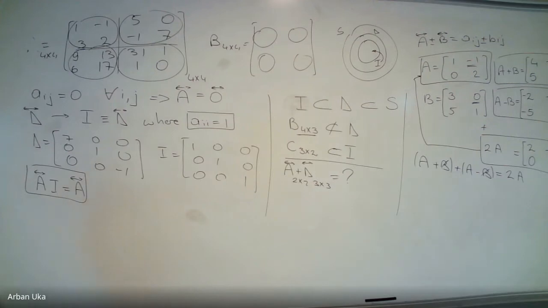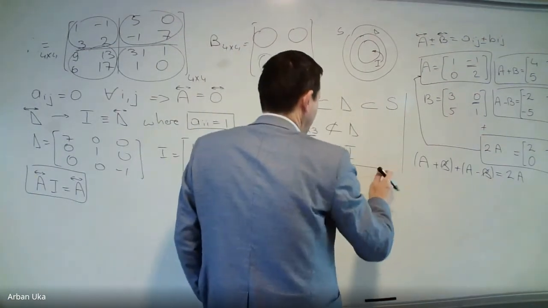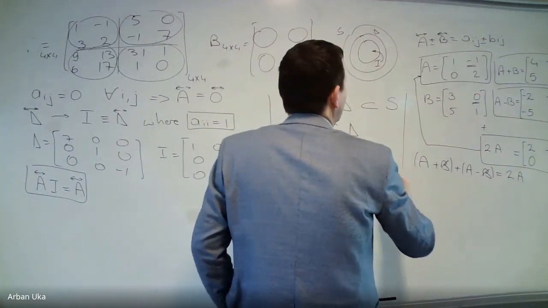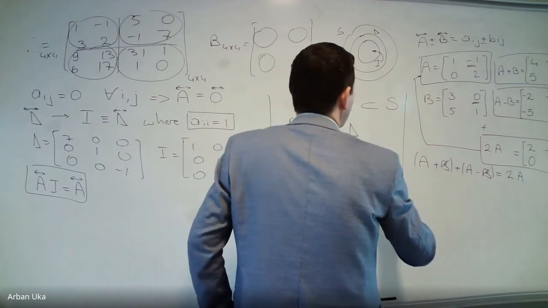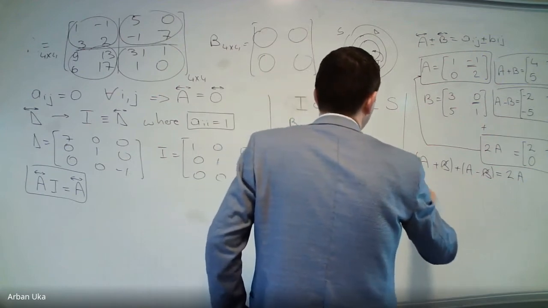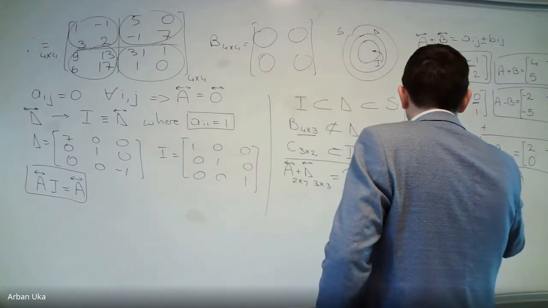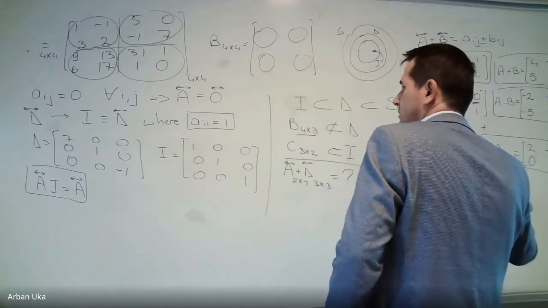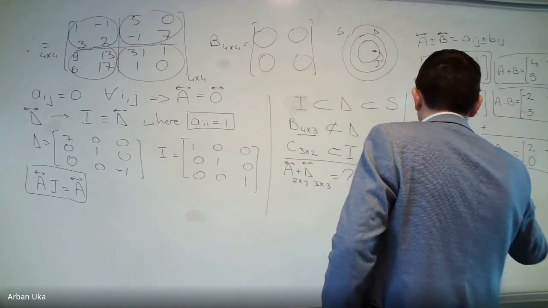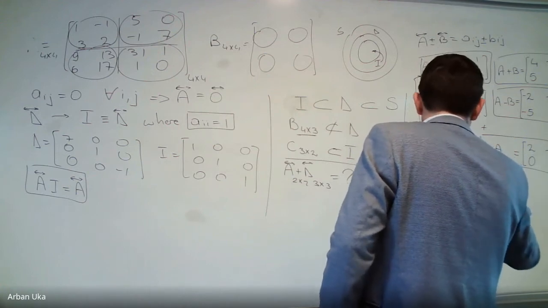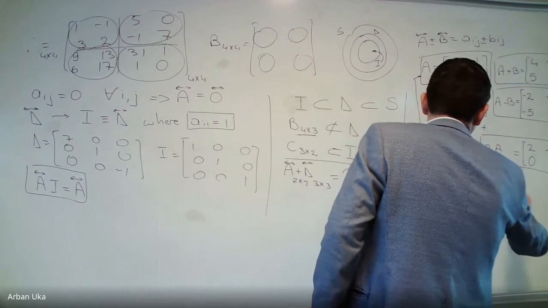So here, we can write this as A is 1, minus 1, 0, 2, plus 7, 0, 0, 0, 1, 0, 0, 0, minus 1.